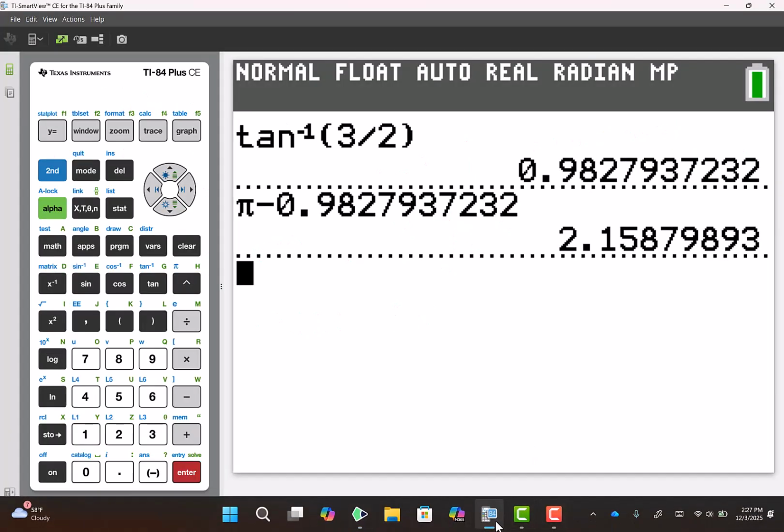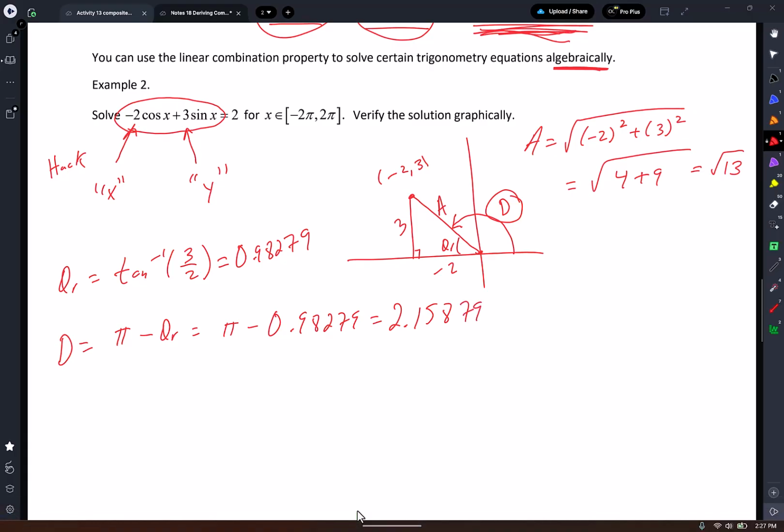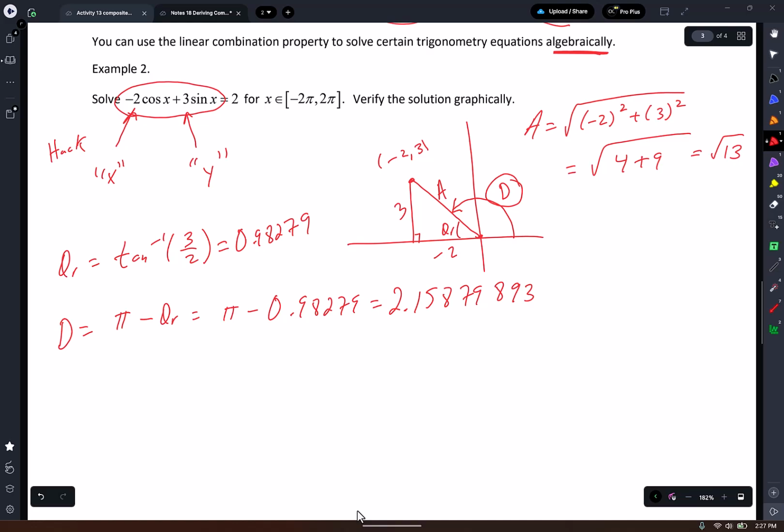You guys got it? Okay, 879. Need more digits. 893, like that. Okay, yeah, the more digits you can write, the better, guys. Are we still okay? All right, so why did we do all that for? So we just converted that. So now that is going to equal, so what am I going to get now? So new equation, and it's not new because it's really the same.